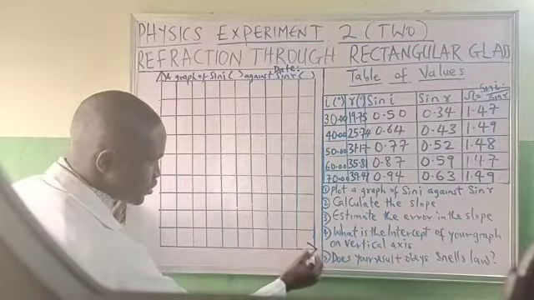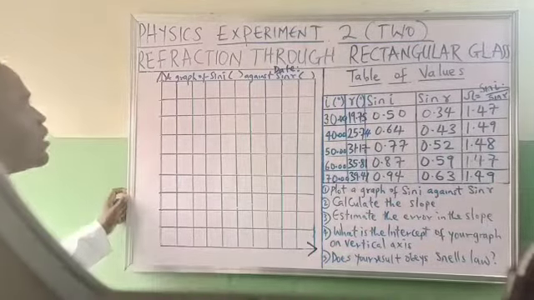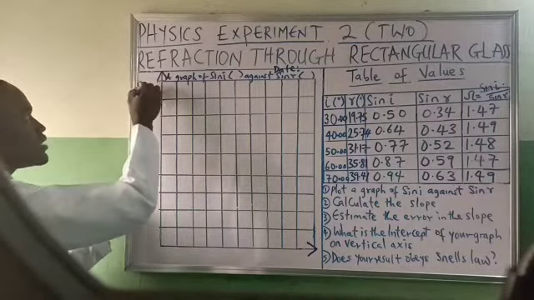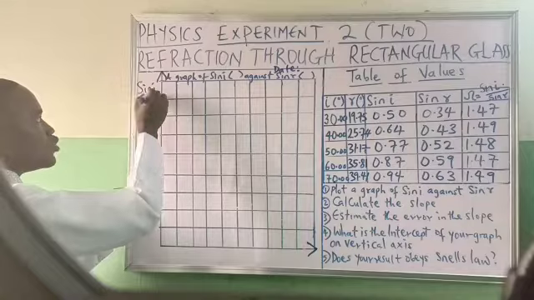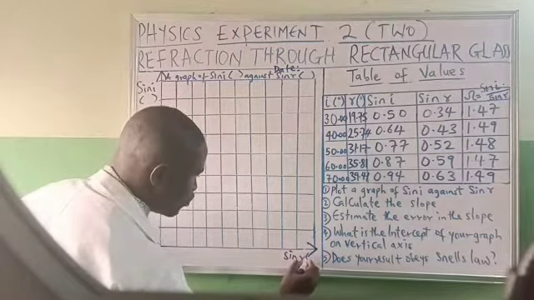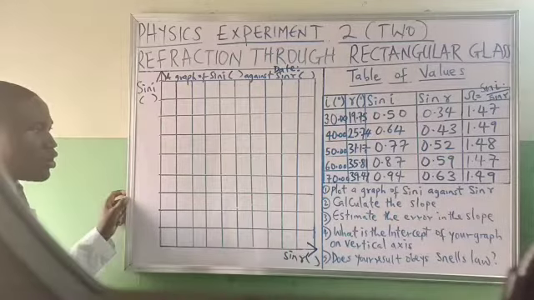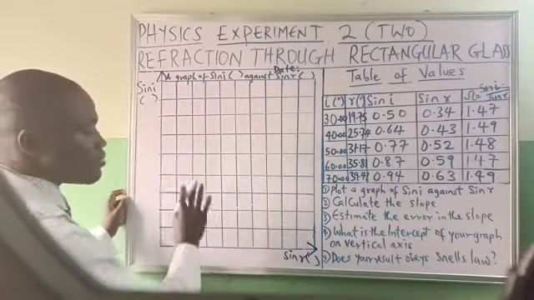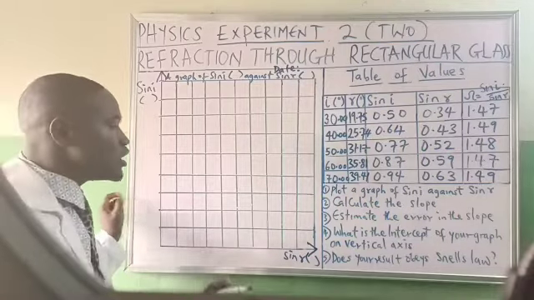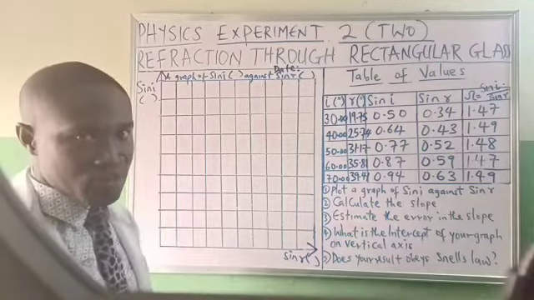Labeling it implies that I will write what I have here, sine i, no unit, against sine r, no unit. Okay, now after labeling it, another important thing to do is choose the appropriate scale.